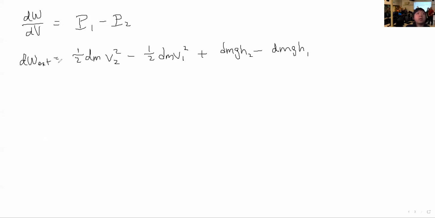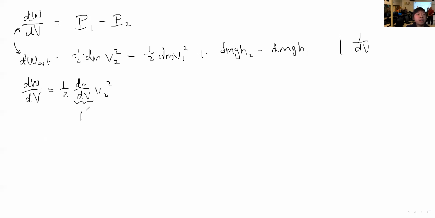Okay, so now we want to get these two in a similar form. So what I'm going to do is divide by dV. This sounds very cursed from a calc perspective, but it is what it is. So dW/dV is equal to half, and if I put the dm with the dV, what does this become? dm/dV, this is the density, mass over volume.